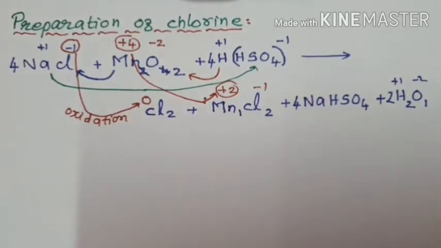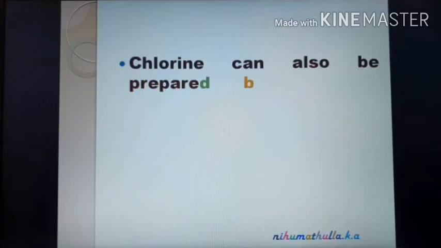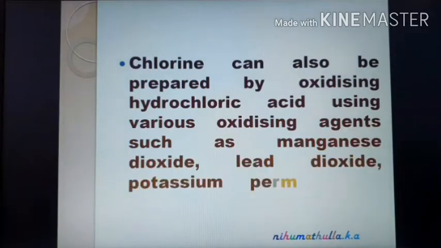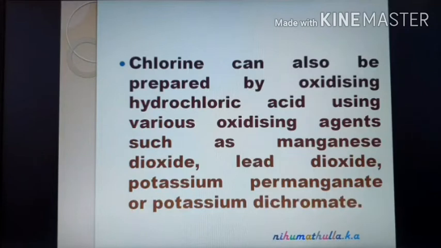Now, we are going to see the second method of preparation of chlorine. Chlorine can also be prepared by oxidizing hydrochloric acid using various oxidizing agents such as manganese dioxide, lead dioxide, potassium permanganate or potassium dichromate.